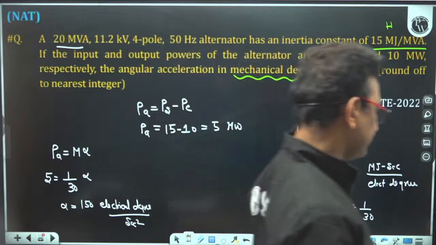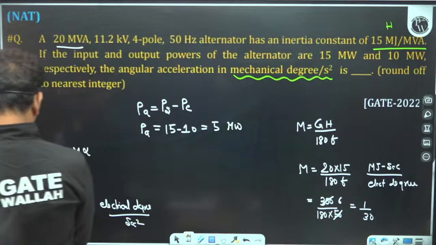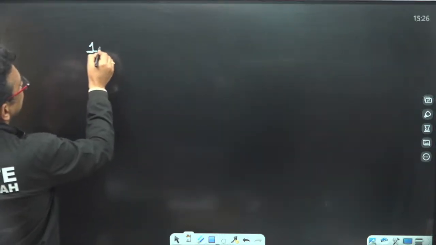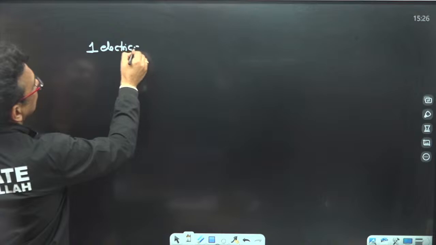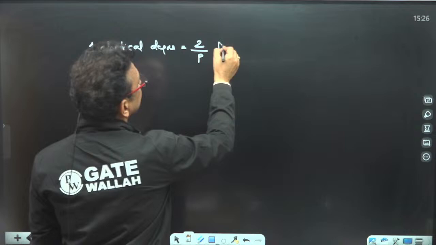But I will convert this into mechanical degree per second square. So how to convert this? How to convert electrical degree into mechanical degree? We know 1 electrical degree, I'm talking about the degree, not the angle, is nothing but 2 upon P times of mechanical degree.